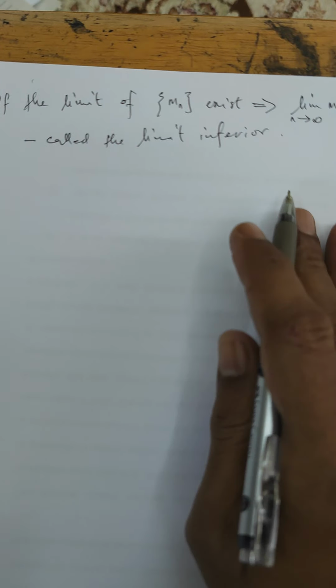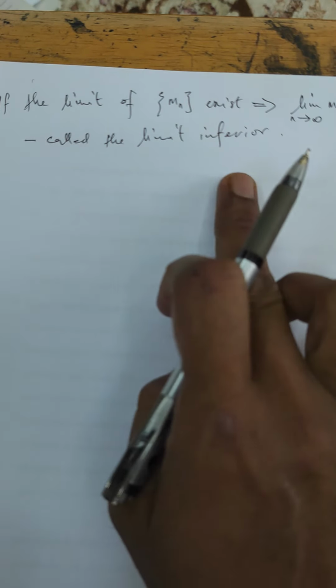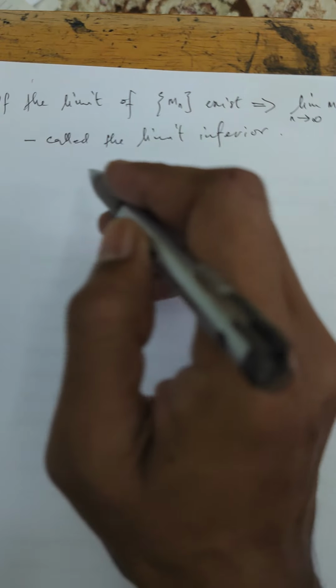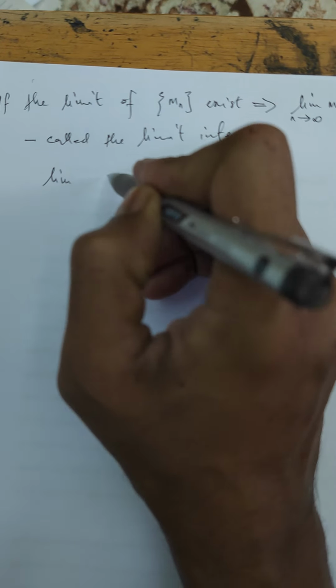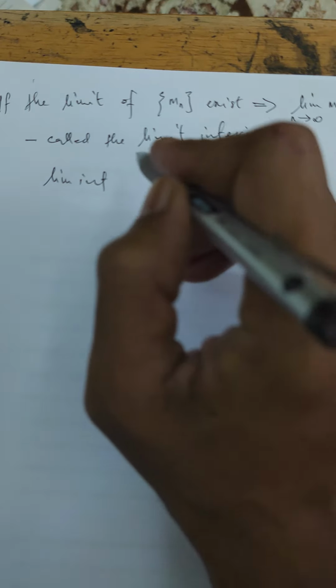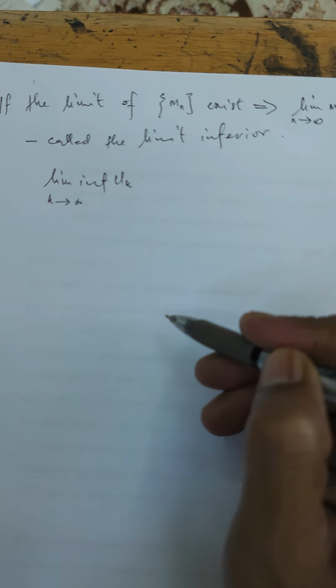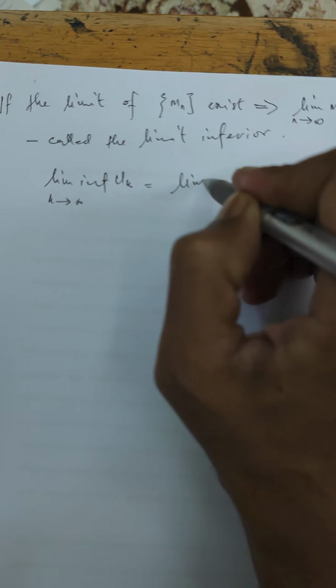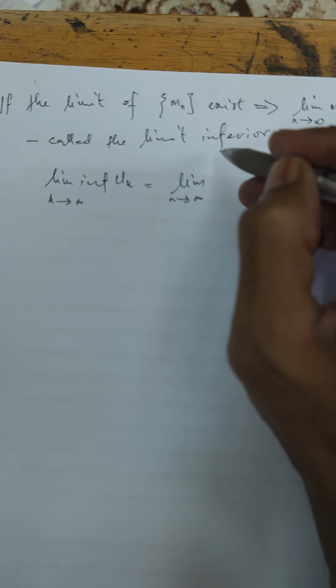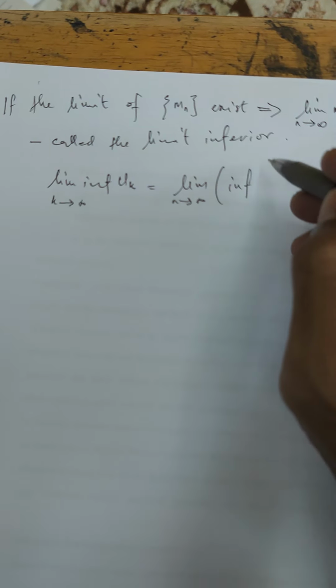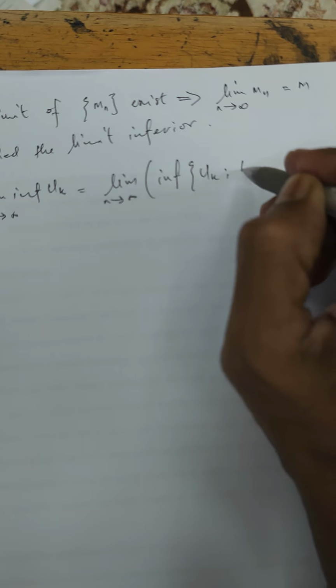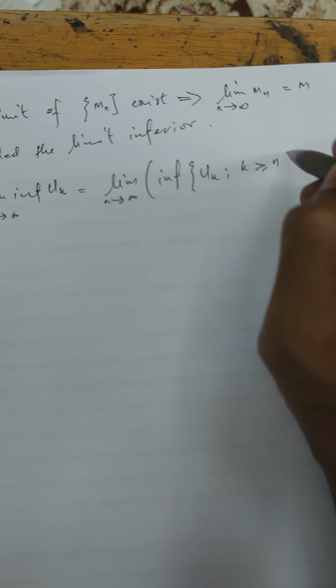Limit inferior, which is the limit of the infimum of the sequence, and we denote that as the limit of the infimum of uk for k goes to infinity, and this is just the same as the limit, n goes to infinity, of the infimum of uk for k greater than n.